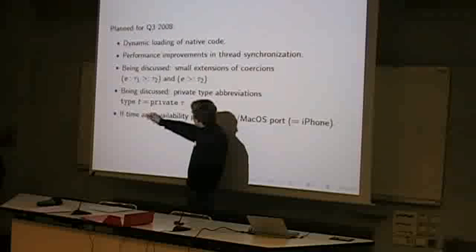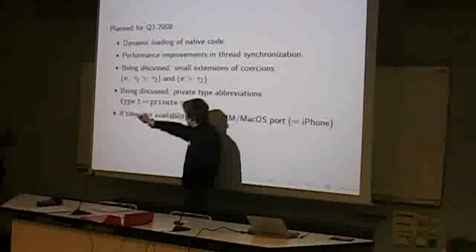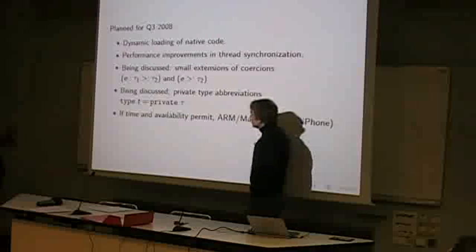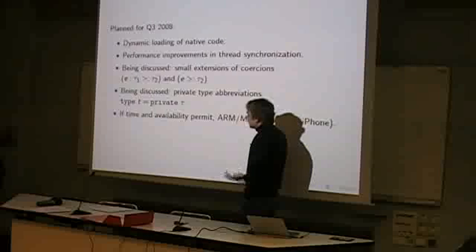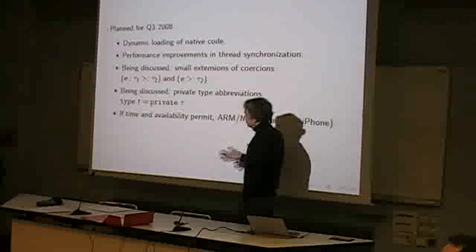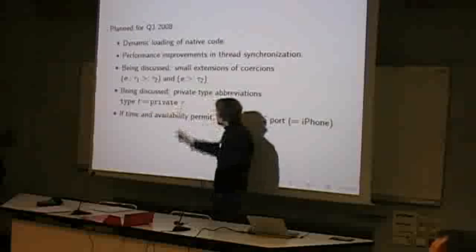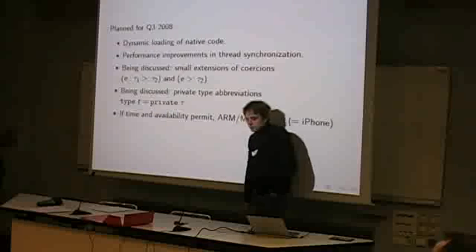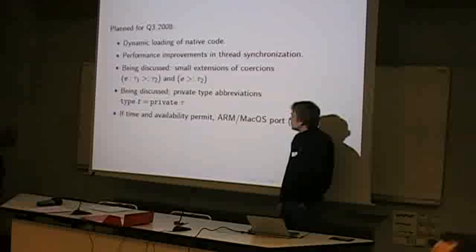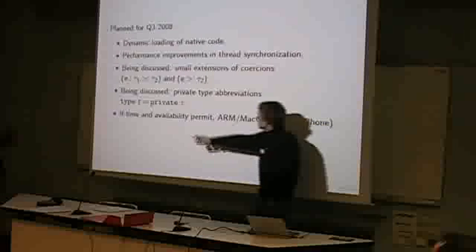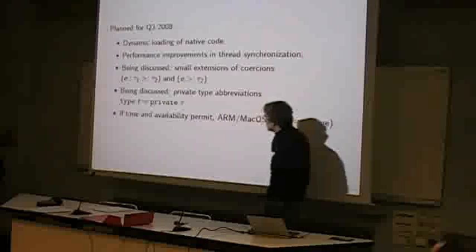However, clients can coerce using this notation from T to the implementation type tau. And perhaps more importantly, the compiler and the debugger are informed that T is actually implemented as tau. So, for instance, they can print values of T completely, or the compiler can also optimize based on this representation type.